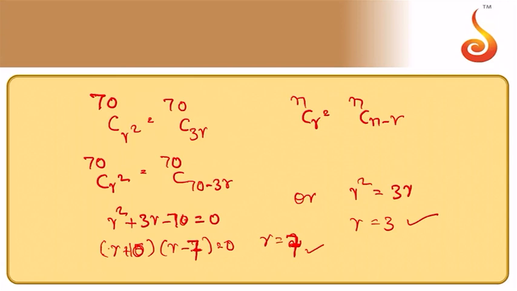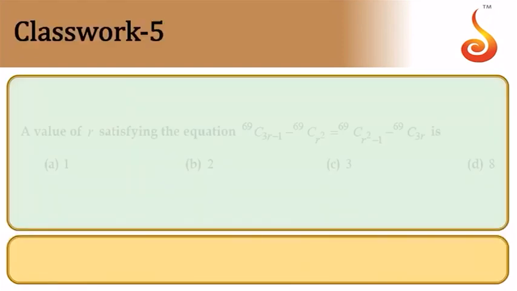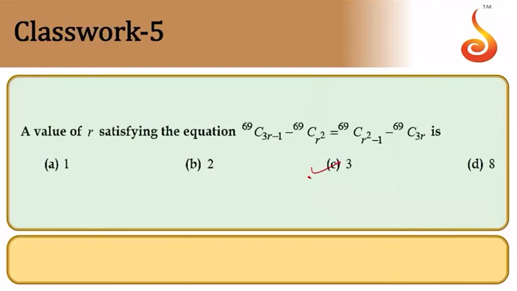Or you get r square is equal to 3r, we get r equal to 3. r equal to 7 or r is equal to 3. So r equal to 7 is not valid, r equal to 8 is not possible. So r equal to 3 is possible.